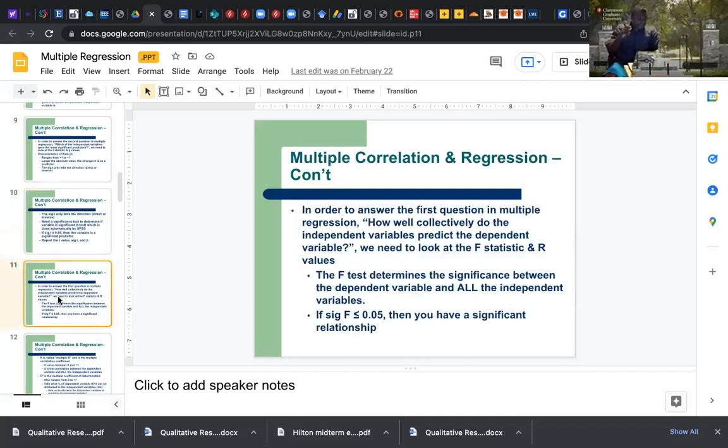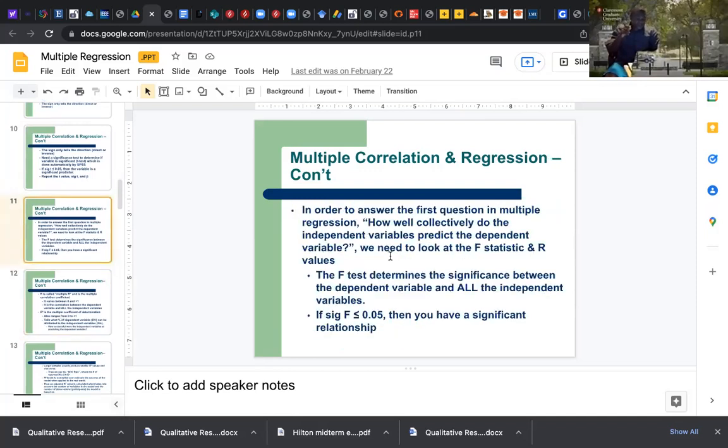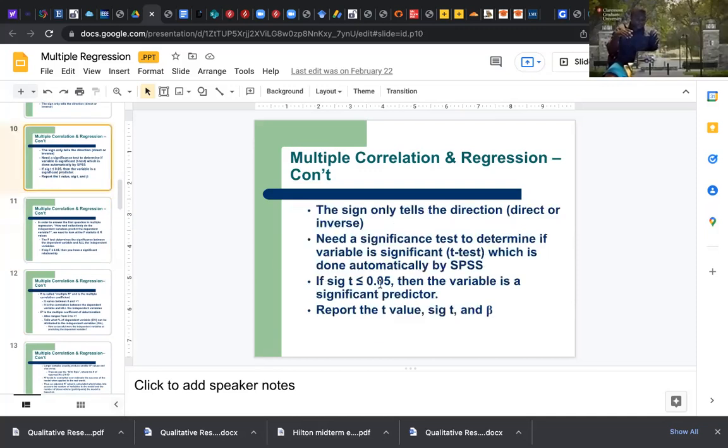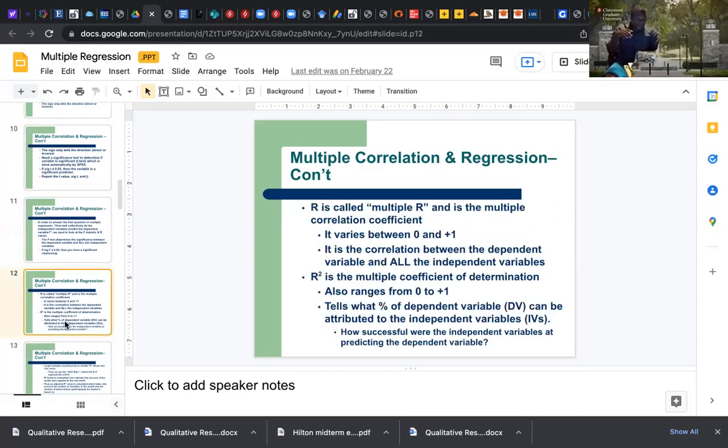I'm repeating it because I want you to remember. When it comes to how all the variables collectively predict, you report the F statistics, and the F uses the same threshold as the T, 0.05, which is usually our p-value. So you report the F and the R statistics.